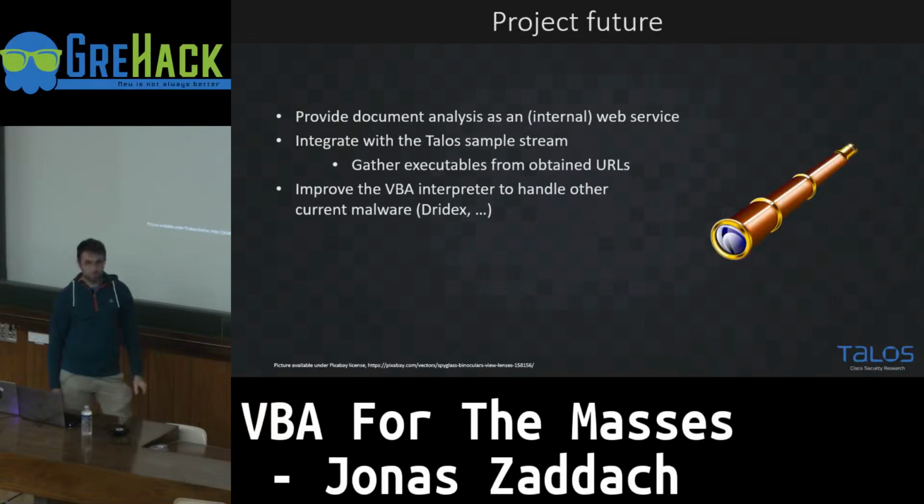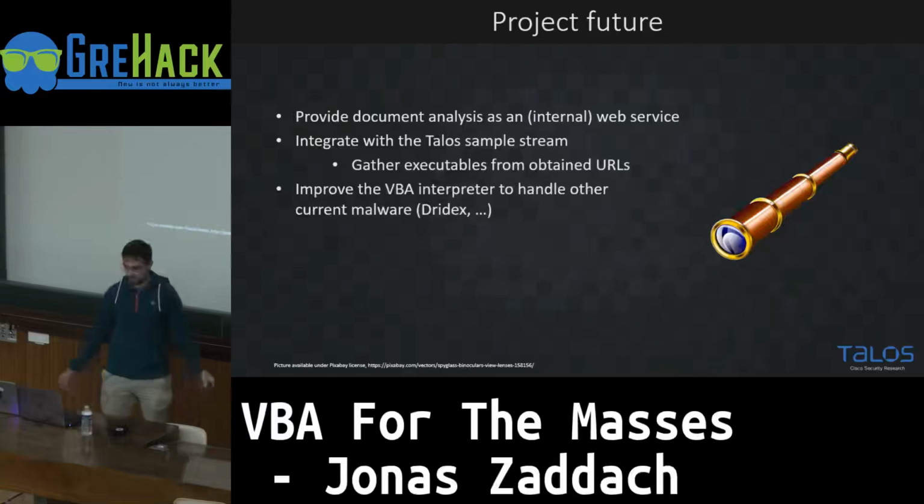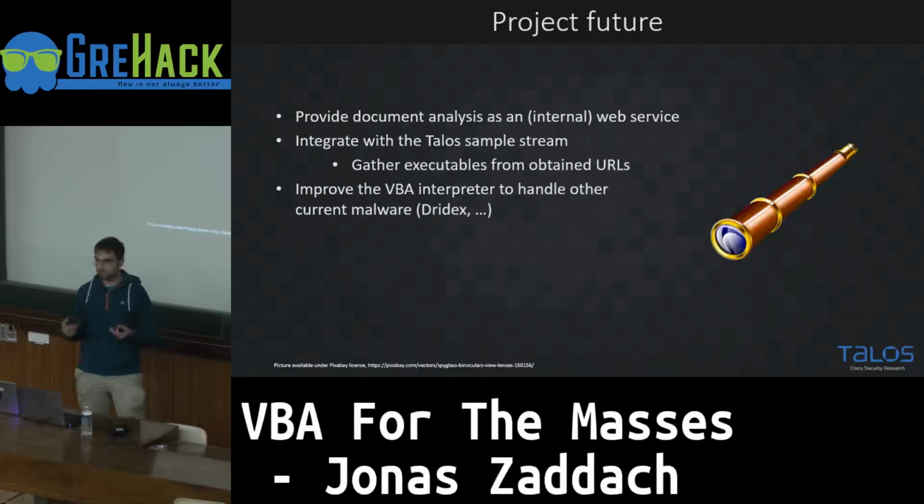The project future is that I hope that we can put this as an internal service at first, where we will allow people who are doing investigations to submit documents. And also, I would like to hook our sample stream. Inside Cisco, we have a mail gateway, and we get documents from the mail gateway.